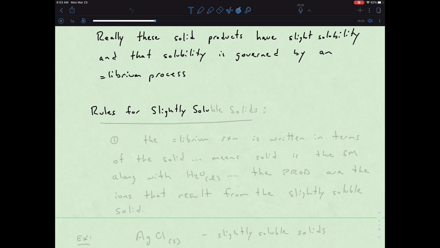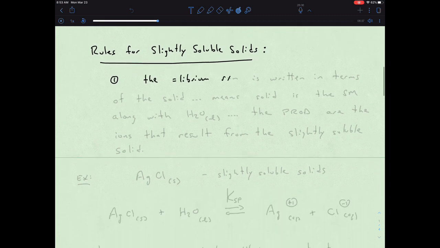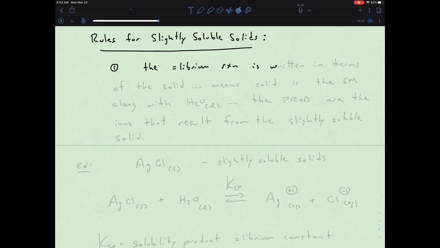So for some general rules with slightly soluble solids, the first rule is basically that the equilibrium reaction is written in terms of the solid.